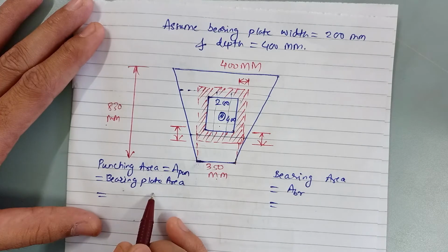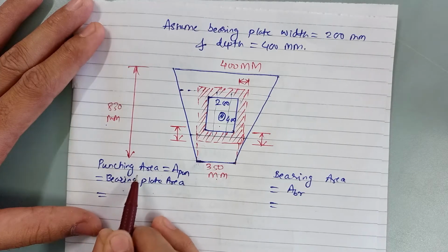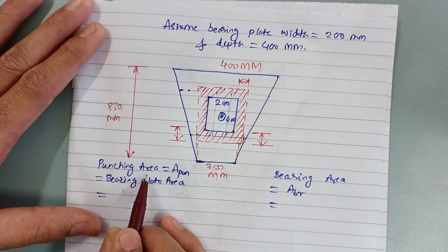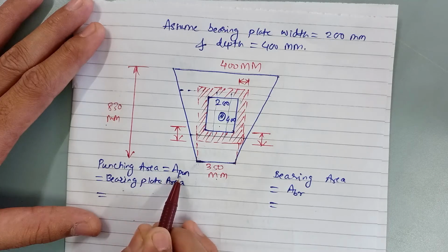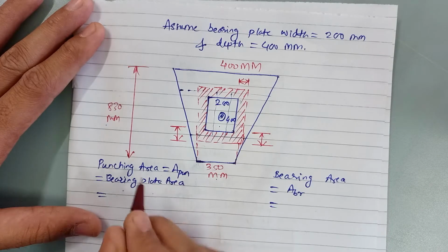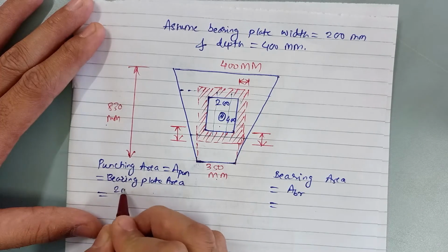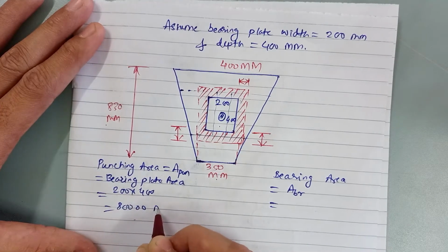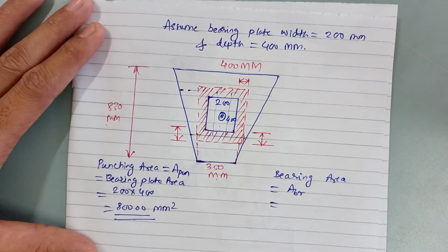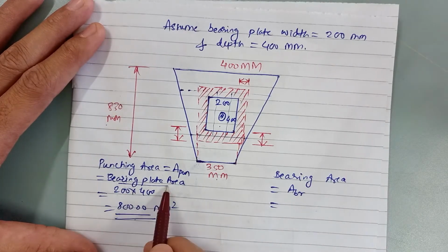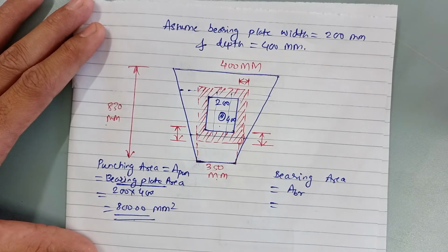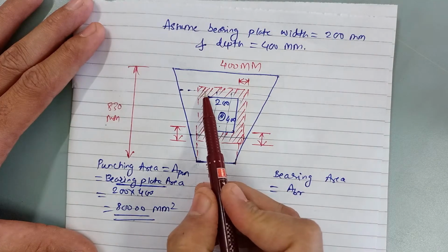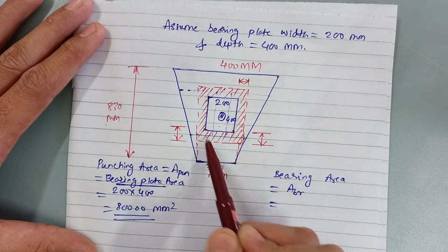Hence bearing plate area, that is nothing but punching area, A_pun, will be 200 into 400, that is equal to 80,000 mm square. In this way we have determined the bearing plate area, that is nothing but 200 by 400 mm. Now what does this shaded or hatch part suggest?